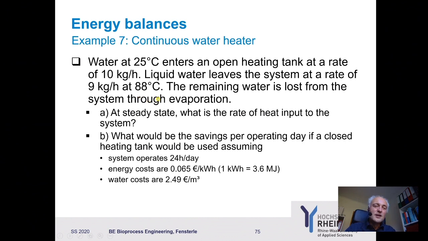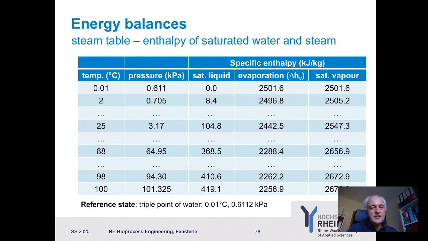So you could need to calculate quite a bit around, but the cool thing is for water, as this is so often used in calculations in bioprocess engineering, because it's always aqueous solution, you have a so-called steam table. In this case, enthalpies of saturated water and steam are listed.